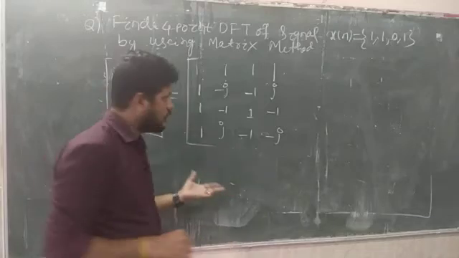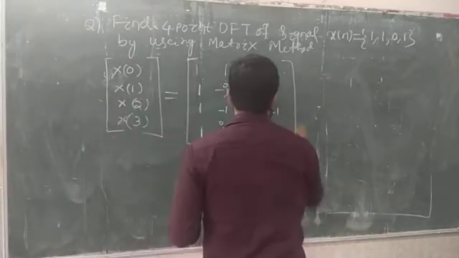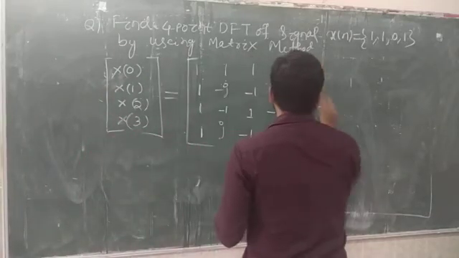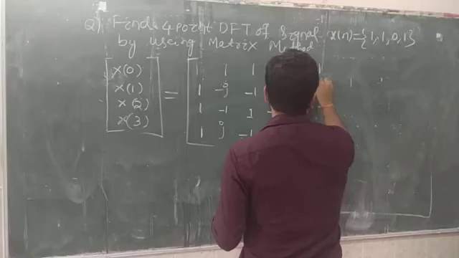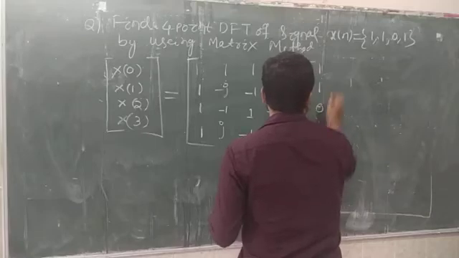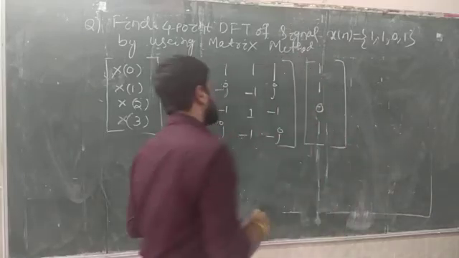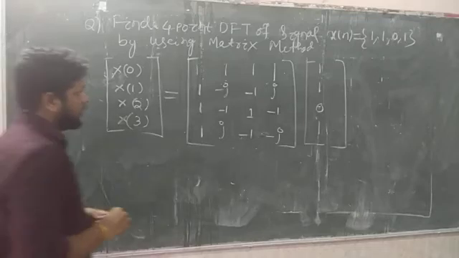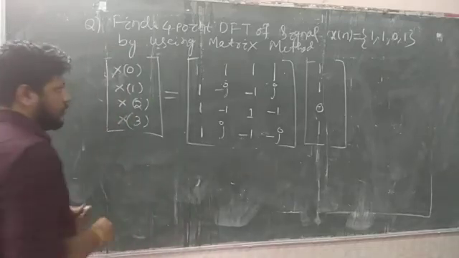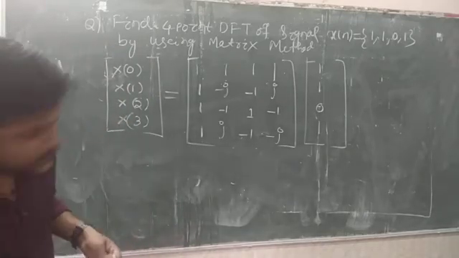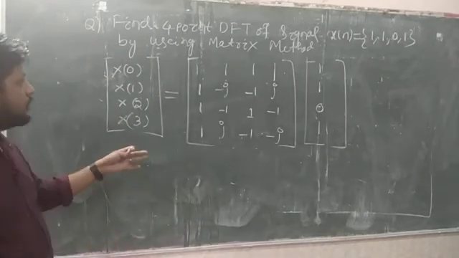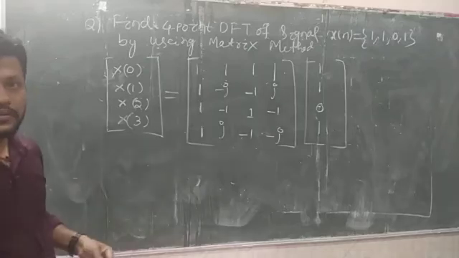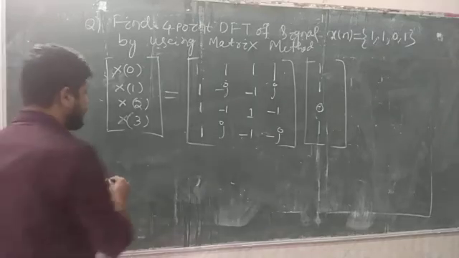You just have to remember this matrix, and x(n) is given, that is 1 1 0 1. Now just multiply and write here.